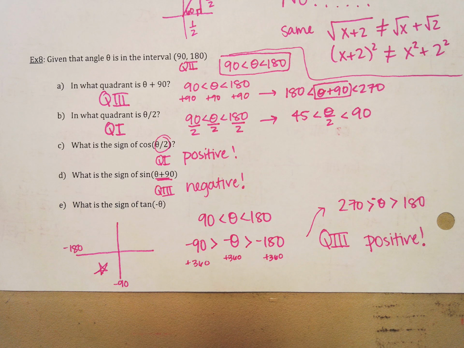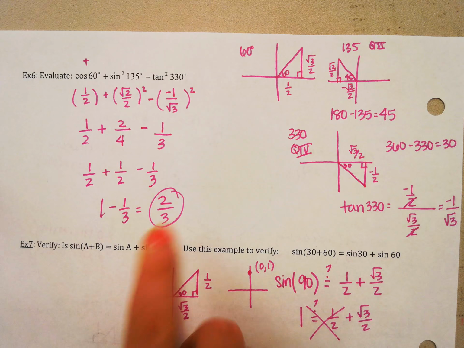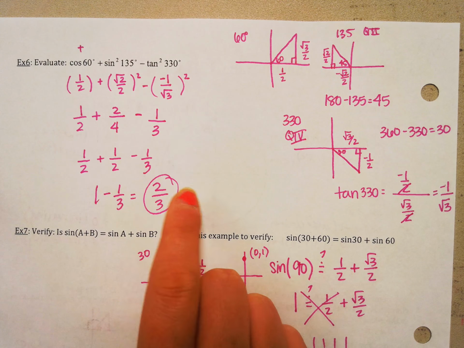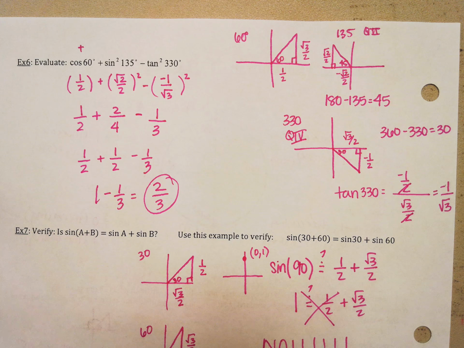But the big idea for today mostly is this section, where we're drawing these 3 different reference triangles and coming up with the values associated with them at those particular angles, not forgetting the signs, and then finding our corresponding trig values.